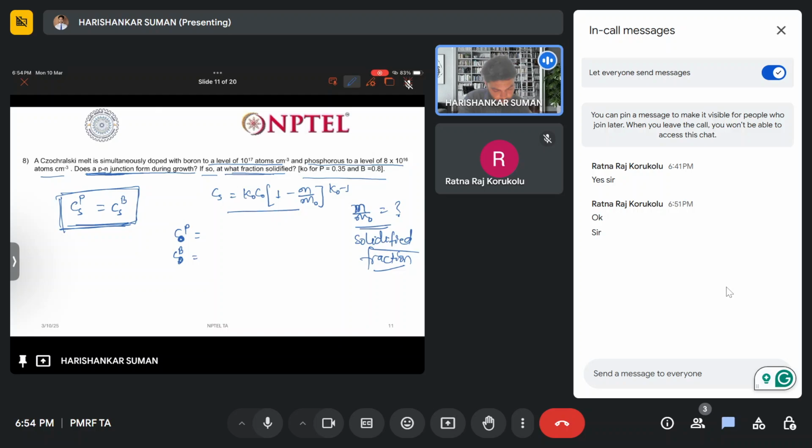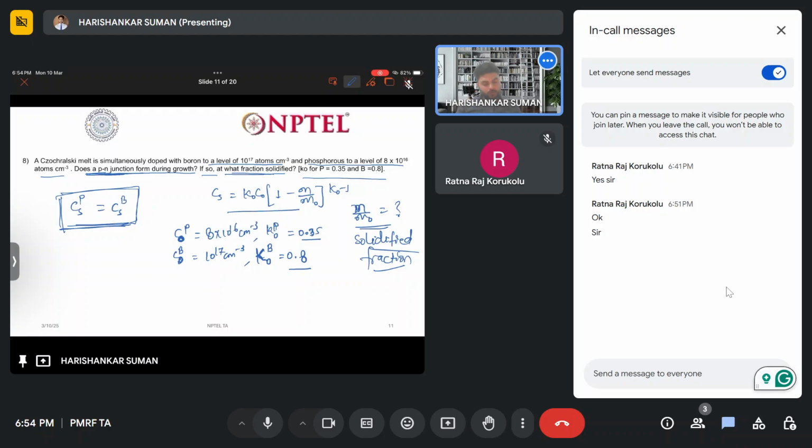For boron 10 to the power 17 per centimeter cube initially, K naught for boron, then for phosphorus 10 to the power 16 per centimeter cube and K naught for P. These are the given values.